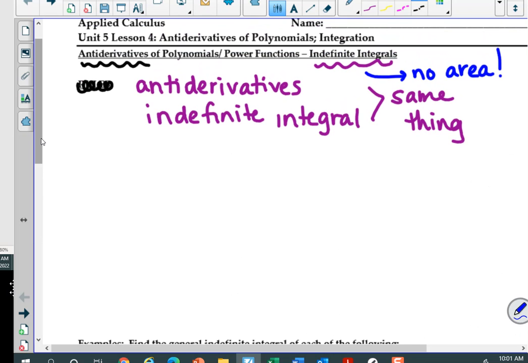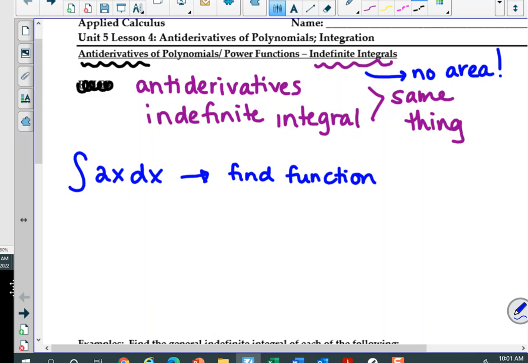Okay, so when I write an integration sign next to an expression, like let's say I wrote this, I know it's not an area because it doesn't have any numbers at the top and the bottom. What this is asking me is to figure out the function, or find a function, that has 2x as its derivative.